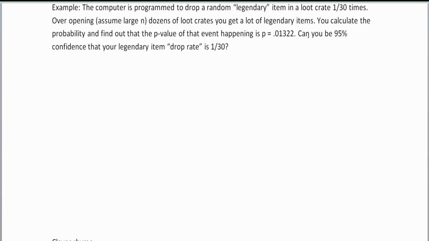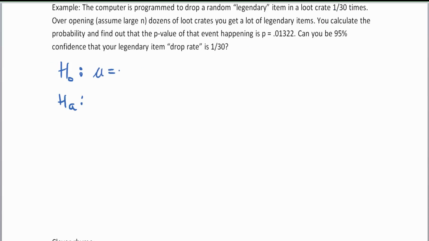P = 0.01322. Can you be 95% confident that your legendary item drop rate is 1/30th? So this means that our null hypothesis and our alternative hypothesis are going to be basically questioning this 1 in 30 drop rate.